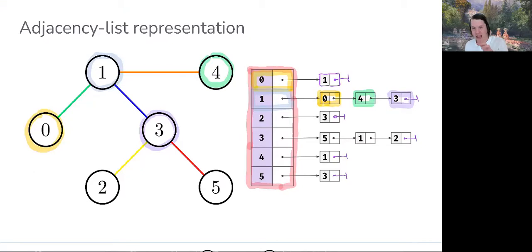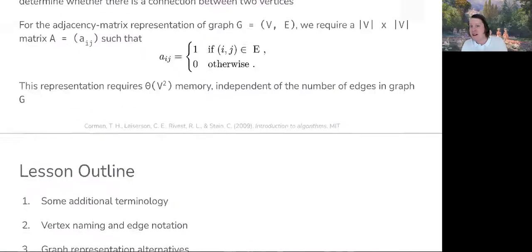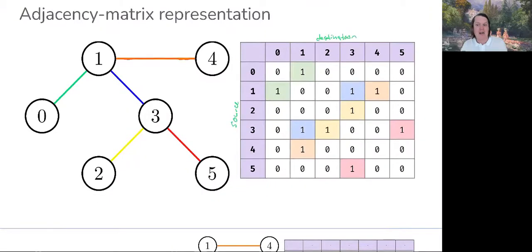Notice here, however, the implications of this. If I ask you, is 1 adjacent to 5, we have to go into the adjacency list for vertex 1, and we have to follow those next pointers and observe the value stored in each node and ask, is it 5? Is it 5? And we only know that there is no connection between 1 and 5 when we hit the null pointer and haven't observed 5. This is very different from indexing in at location 1, 5 in a two-dimensional array, that's direct access.